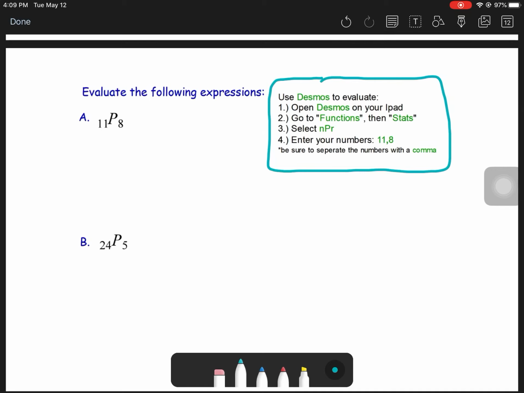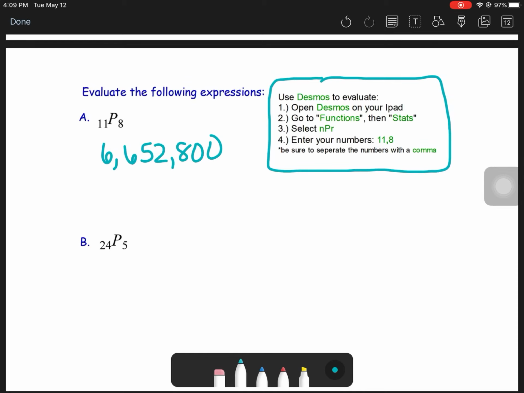What this means is I have 11 choices and I'm going to pick 8. So after you've separated those with a comma, you will find out that your answer is quite large, 6,652,800 different ways that you would be able to select.